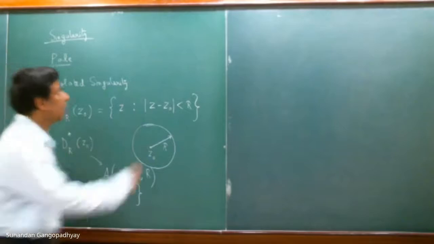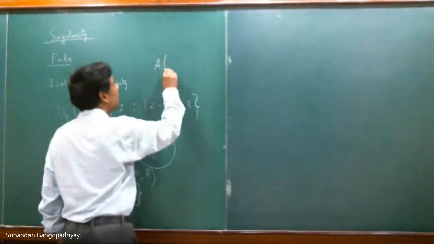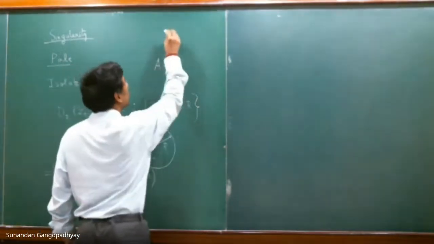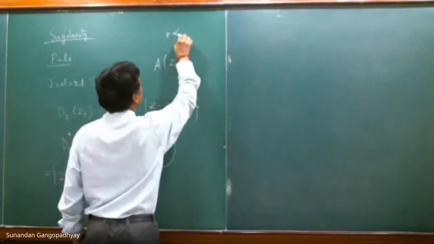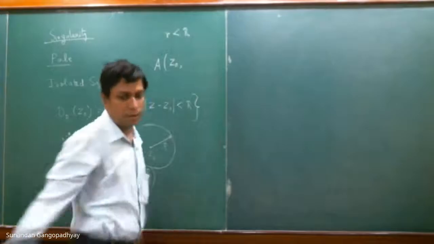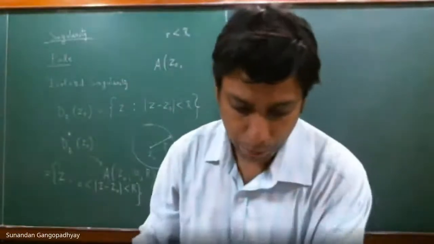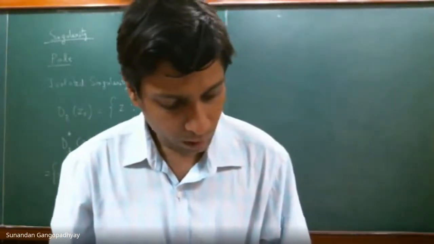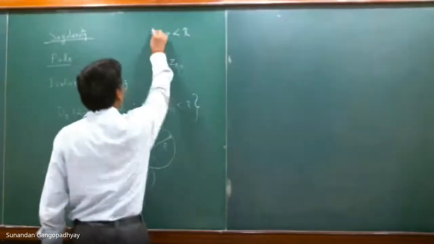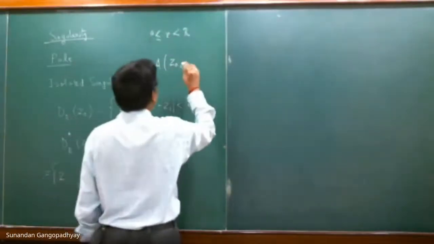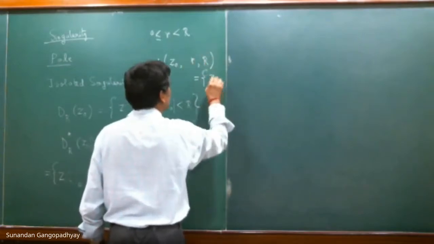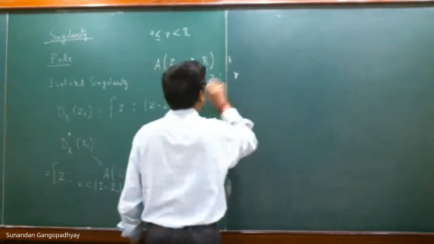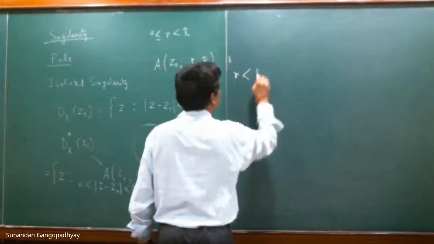And then you also have an open annulus, for small r less than capital R. This is denoted by this, and it is the set of points z which satisfies this inequality.